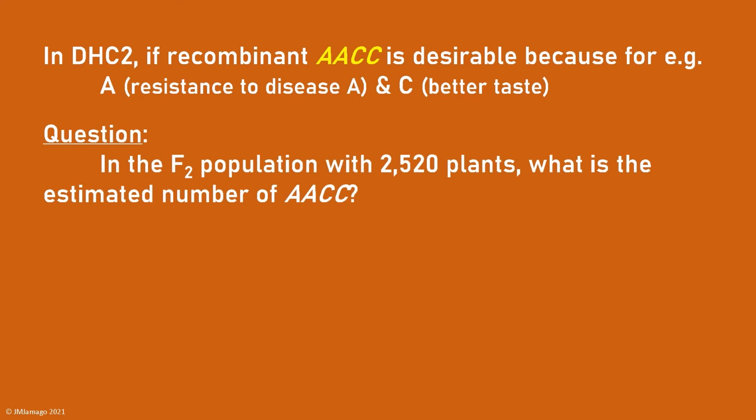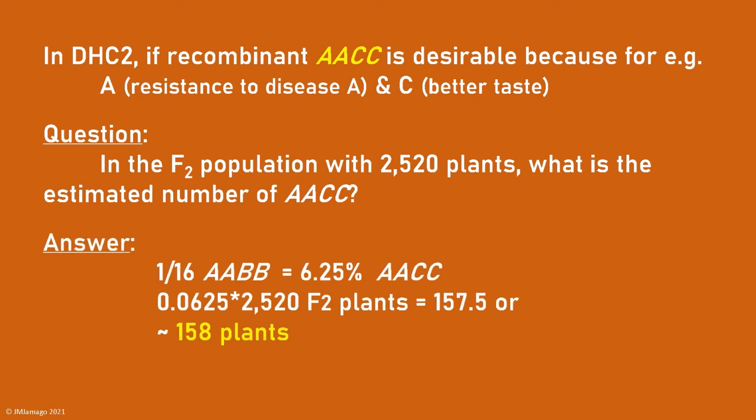And so we ask, if we have a population of 2,520 plants in the F2, what would be the expected number of plants nga homozygous dominant A ug homozygous dominant C? Although kabaluta nga sa F2, gasagol pa diri ang homozygous dominants ug heterozygous dominants. Pero wala lang, gusto na nato ma-estimate ahead, no?